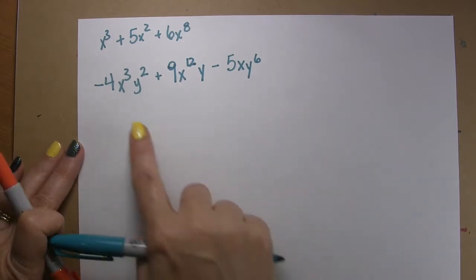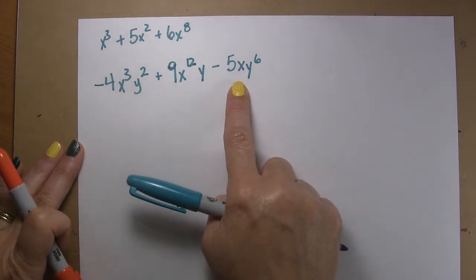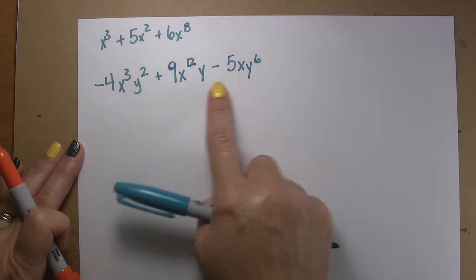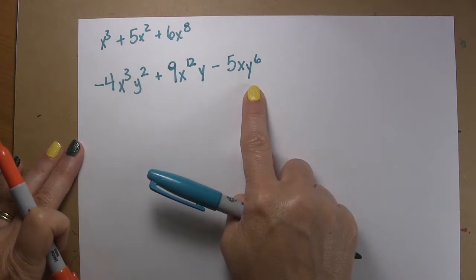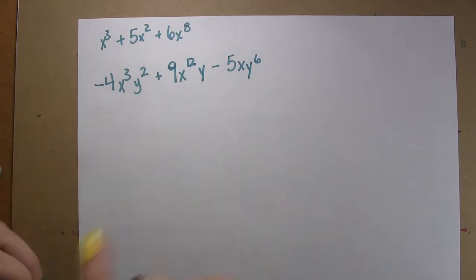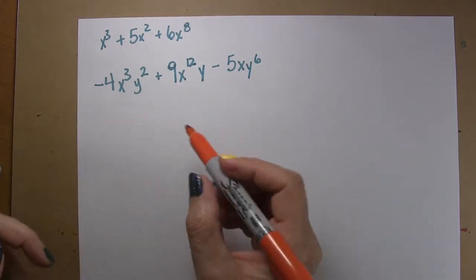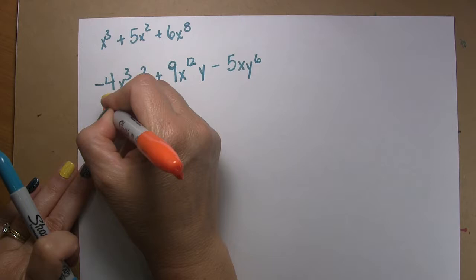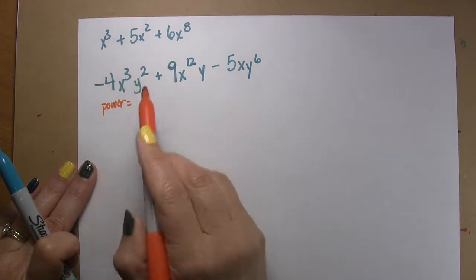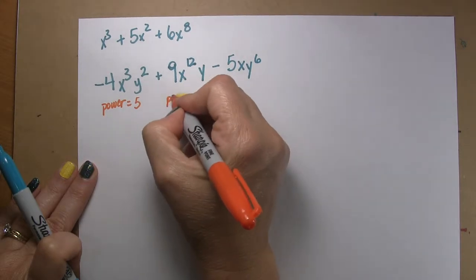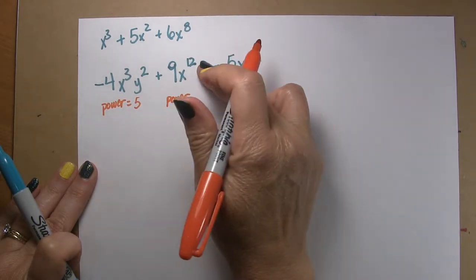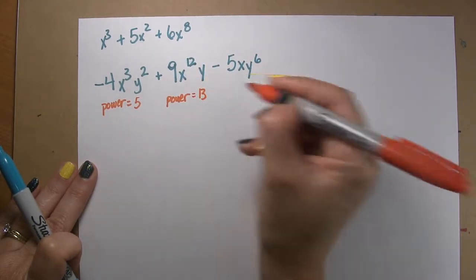What order should that be in? Well, you could put it in one order according to the x's, or you could put it in a different order according to the y's. But really what we want to do is put it in order of the total power. So the power here is 3 plus 2, which is 5. The power here is 12 plus 1, which is 13.